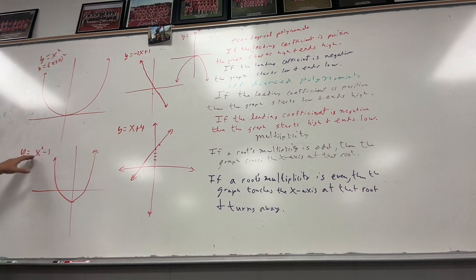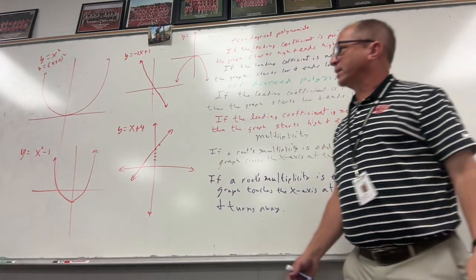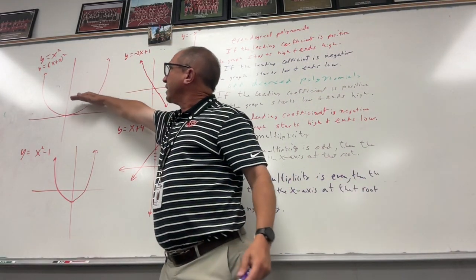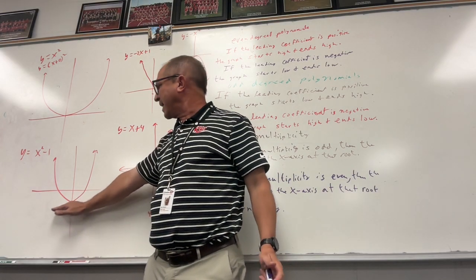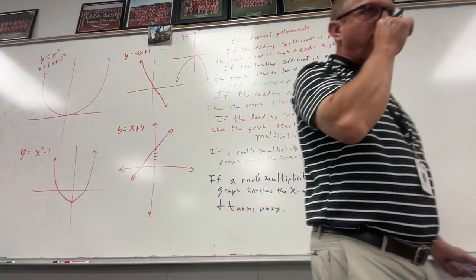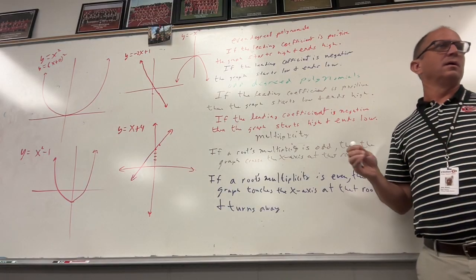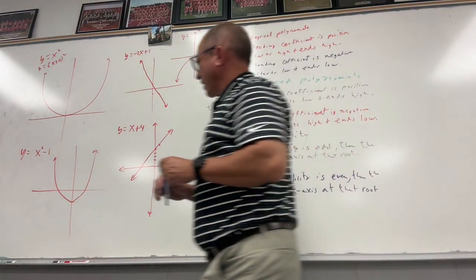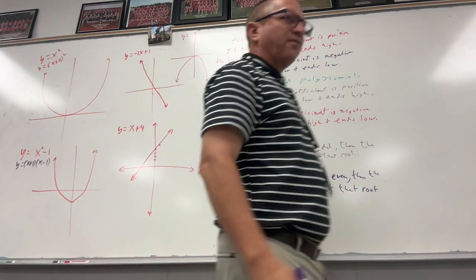All right, now, let's look at y equals x squared minus 1. We know the graph of this just from a previous lesson. It takes the graph of y equals x squared, it drops it down 1 unit. This is the correct graph, but let's analyze it a little deeper. How does x squared minus 1 factor? It factors into x plus 1 times x minus 1, right? Okay, so that is in factored form.